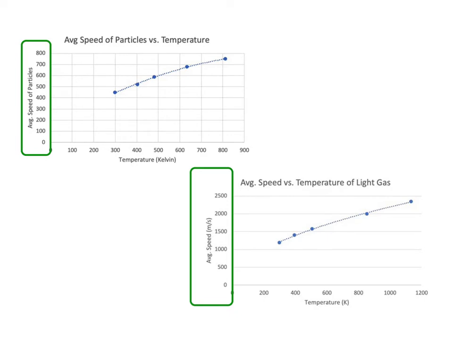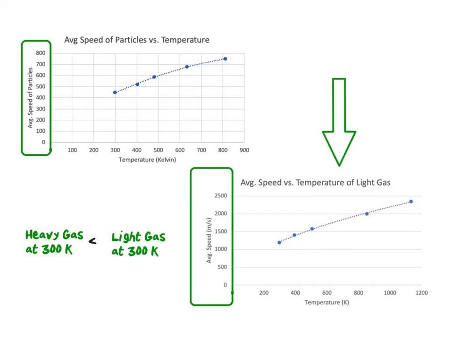So another way to look at this, what I found was that a heavy species of gas at a temperature of 300 Kelvin had particles that were moving a lot slower than a light species of gas at 300 Kelvin. They were moving a lot faster.